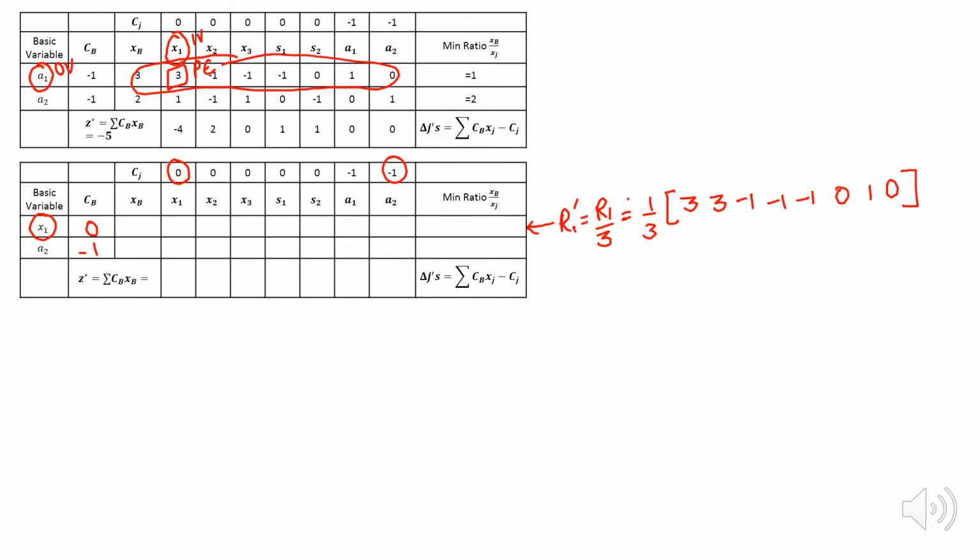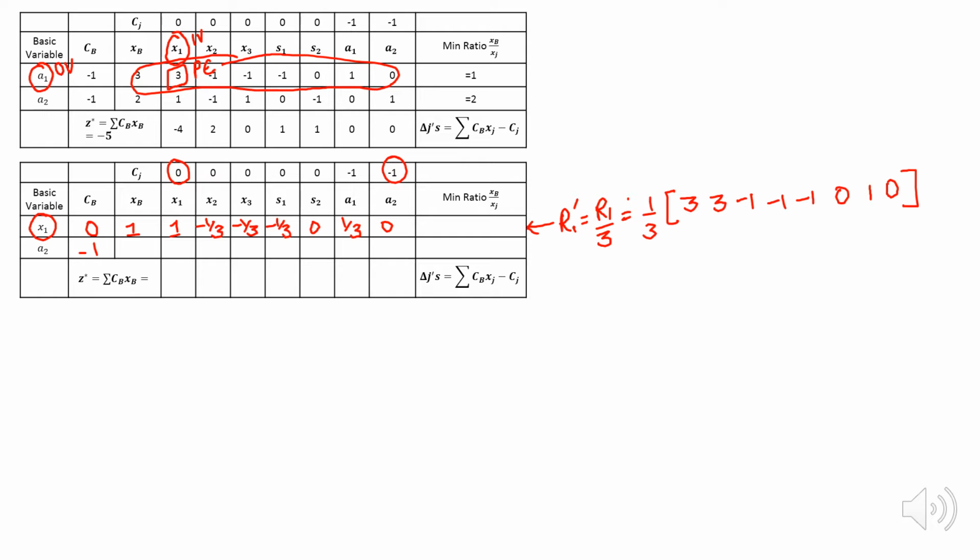Okay, so now we are going to update our new row. Its values will be 1, 1, minus 1 by 3, minus 1 by 3, again minus 1 by 3, this is 0, this is 1 by 3 and 0. Okay, so that's our new pivot row.